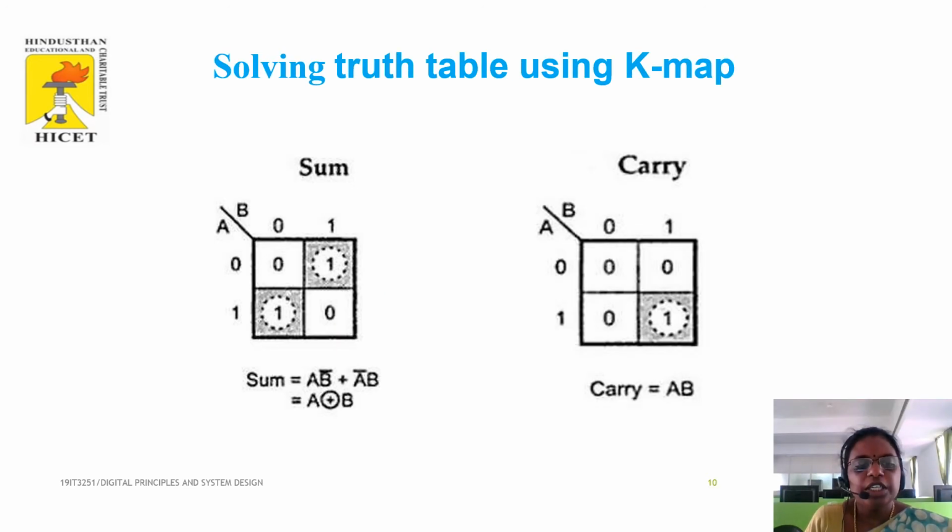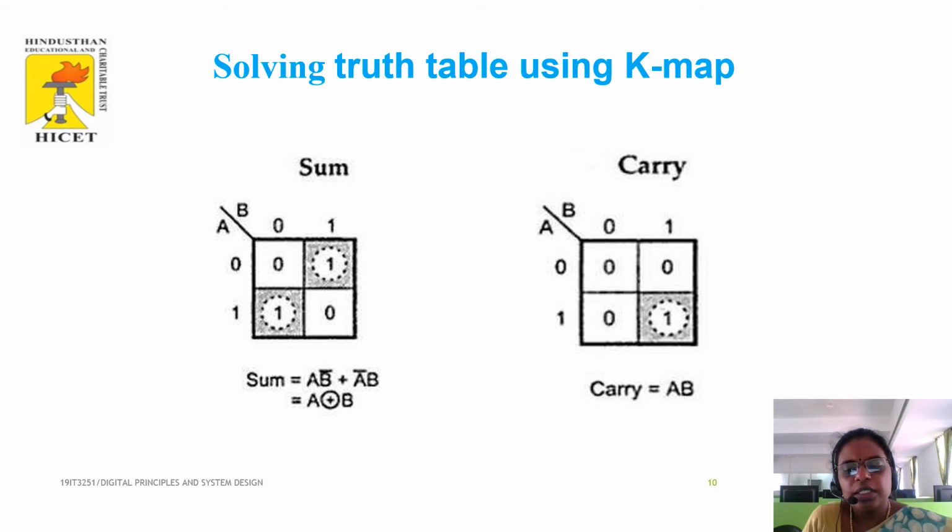Now, after getting the truth table for our relationship, we need to consider the K-map for each output variable. Now I am taking the K-map for sum. No grouping is possible here, so write the expression for these terms. This is A and B bar, since A is 1 and B is 0. I'll write the SOP form, that is the sum of products.